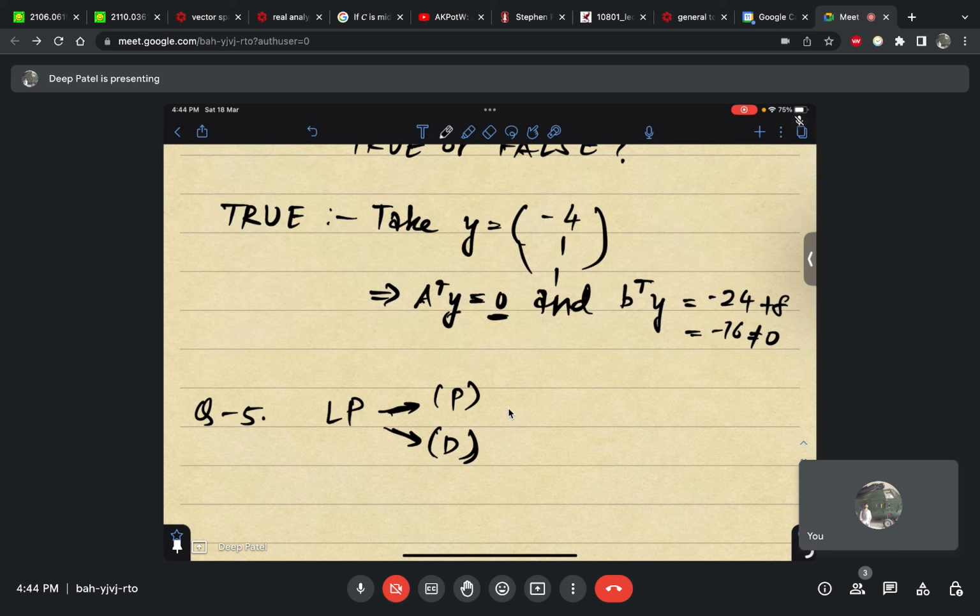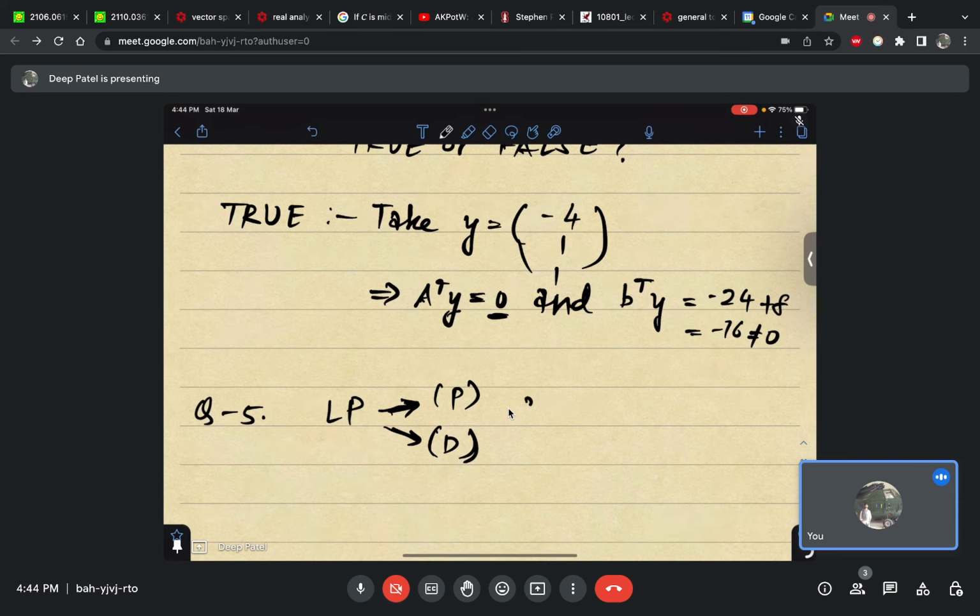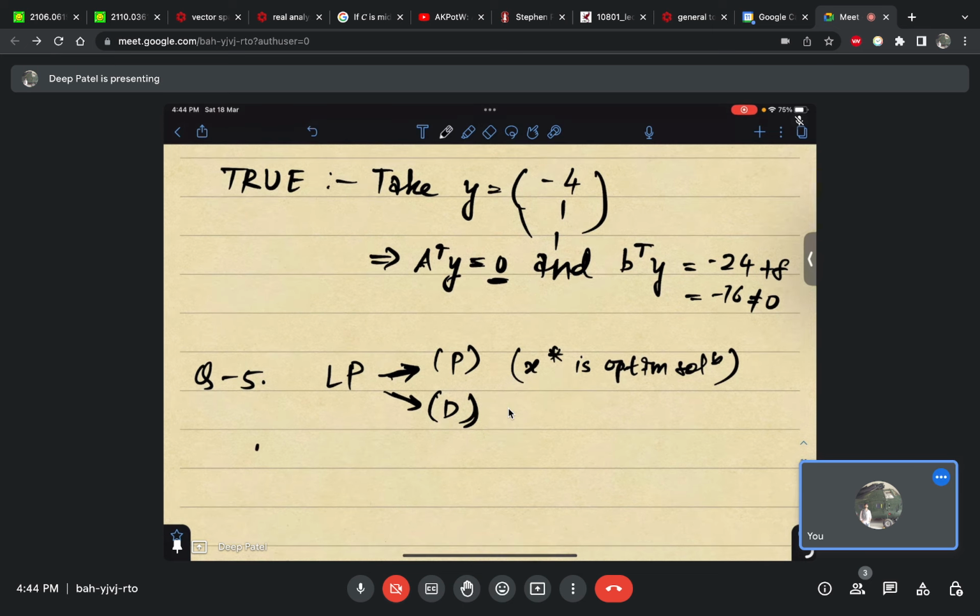Oh, okay. So in question 5, what's going on is we have an LP, and we wrote down the primal and dual, and we are given that X star is the optimal solution for the primal. Let me clarify this.